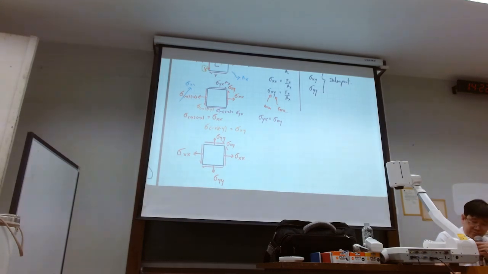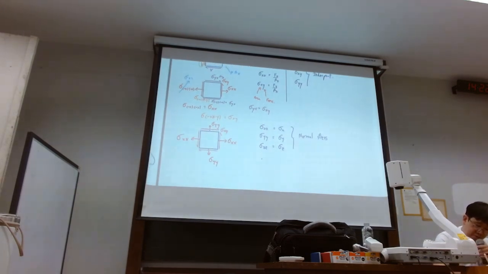Stress xy. Now, stress xx, stress yy, stress zz, if the index is the same, we call it sigma x, sigma y, and sigma z to make it shorter. Those are normal stress. That means the force will be perpendicular to the area.